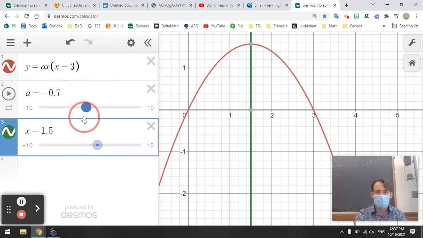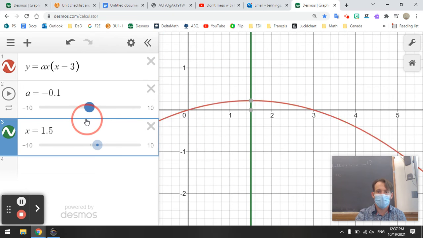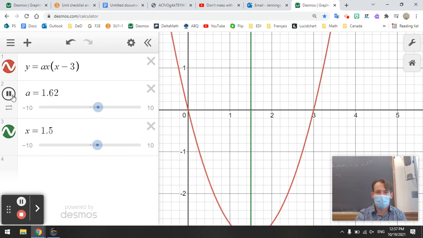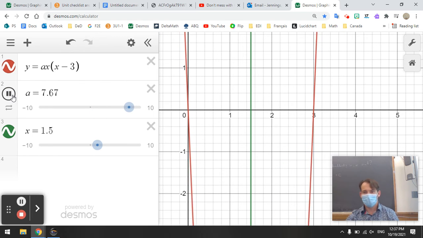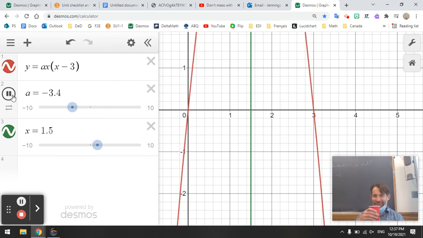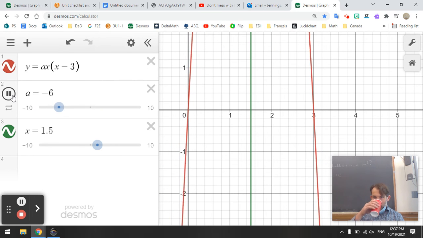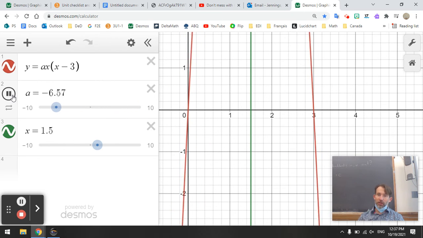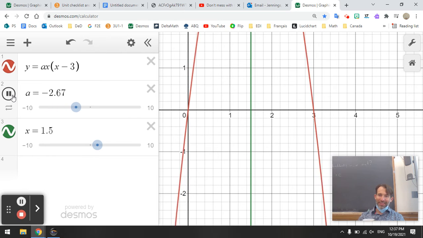Doesn't matter how stretchy I make it or whether it's positive or negative, the vertex is always there. And I can even do this. This is fun. Whee! And then you just sit and watch the show. Maybe we get Connor's musical note to give us some musical accompaniment to this beautiful mathematical dance.